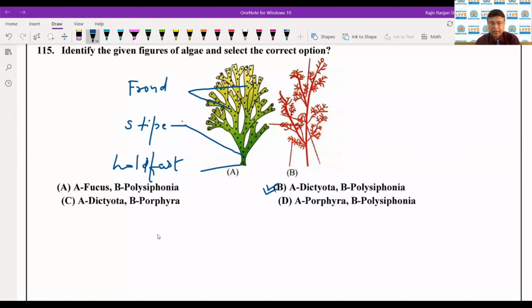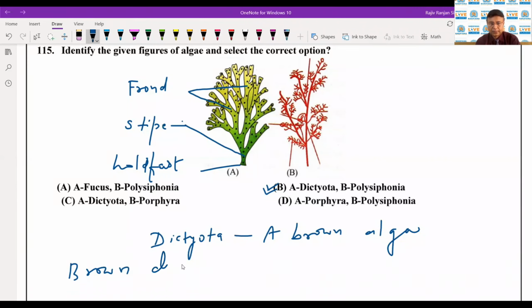This A, Dictyota, is a brown alga. Brown due to the pigment fucoxanthin, a type of xanthophyll.